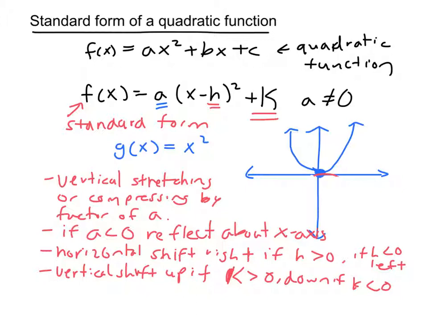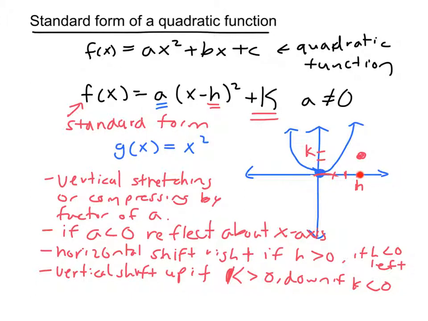Say h is some positive number, and k is also some positive number. We go right by whatever h is, and up by whatever k is, and we end up moving from where we started.